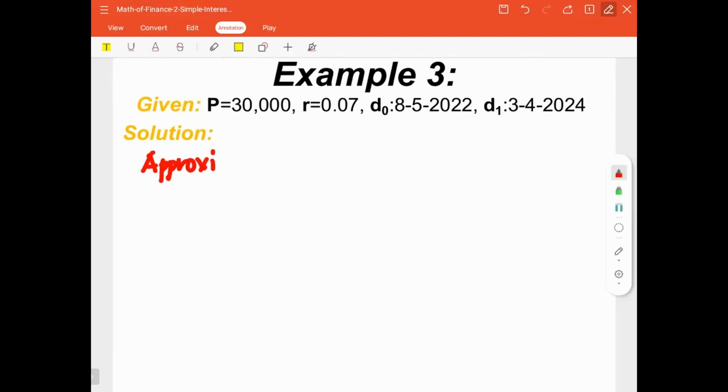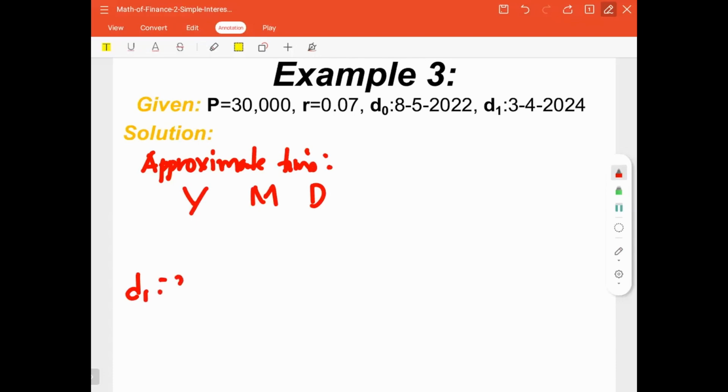So the approximate time, okay? Again, we follow this format. We write the dates, starting with the year. So we have here year, month, and days. Now we'll start with the maturity date, D1.